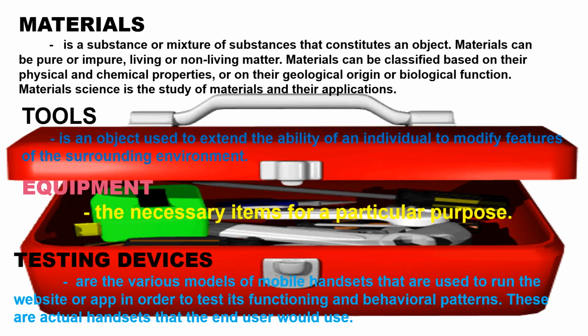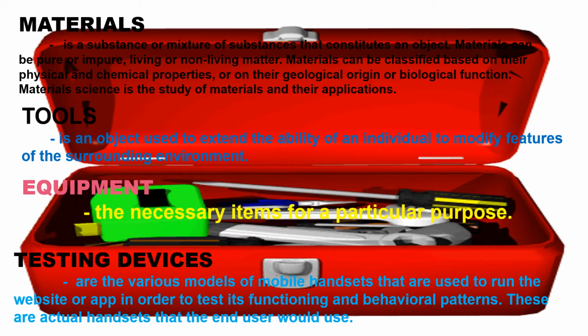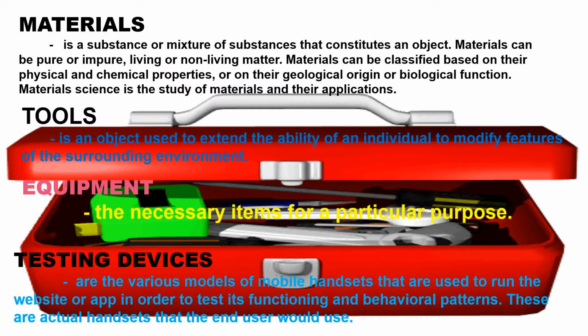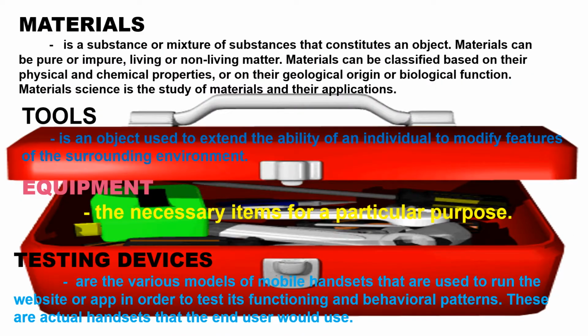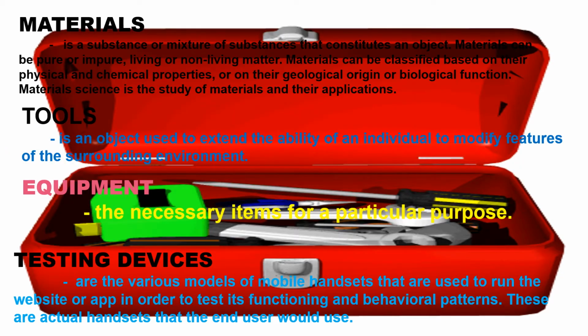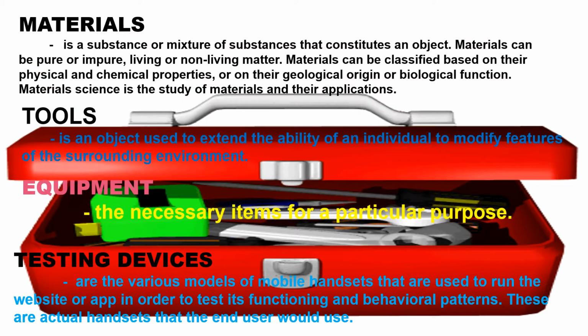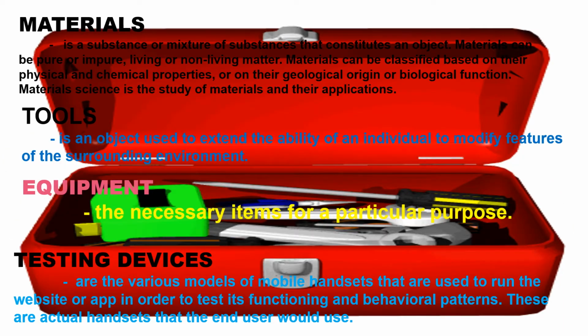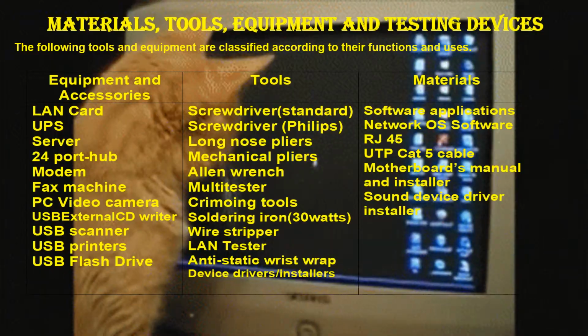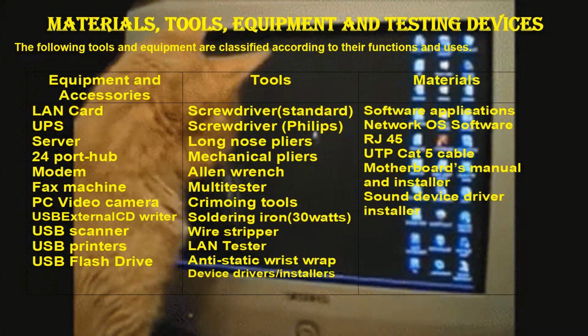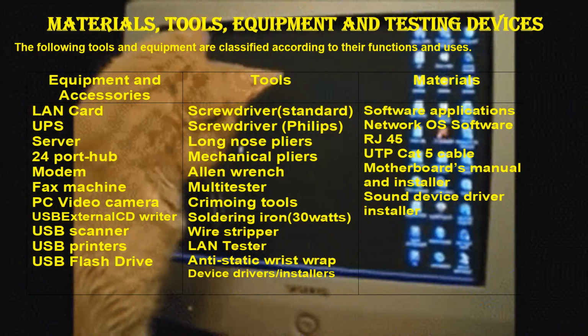And last but not the least, we have testing devices, which are the various models of mobile handsets that are used to run the website or apps in order to test its functioning and behavioral patterns. These are actual handsets that the end user would use. These are the materials, tools, equipment, and testing devices.